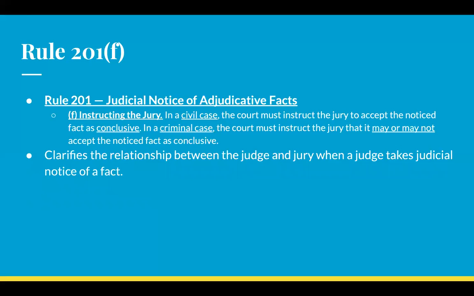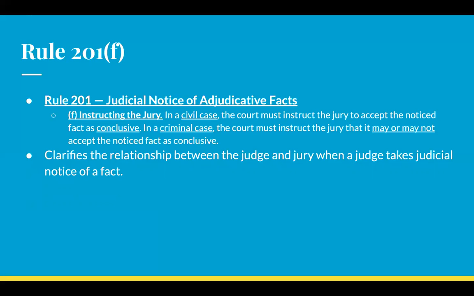So the rule concludes with 201F, which clarifies the relationship between the judge and the jury when the court takes judicial notice. This subsection states that in a civil case, the court must instruct the jury to accept the noticed fact as conclusive. This is because if a fact is beyond reasonable dispute, the jury can't reasonably find contrary to that fact.